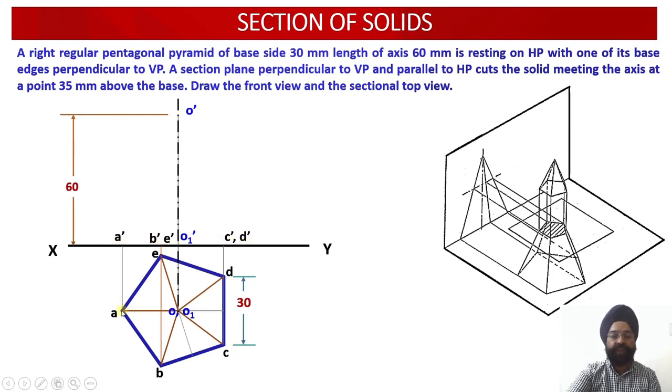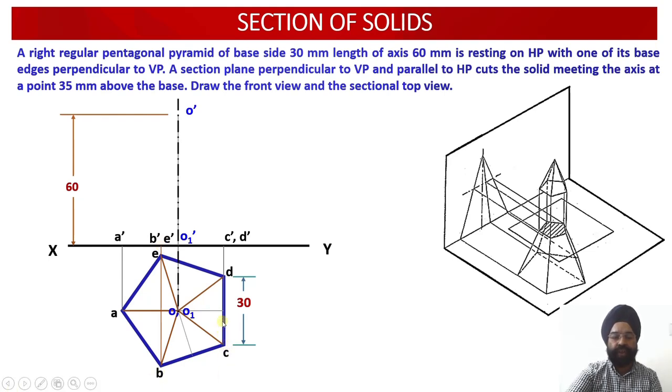You draw the projector through A, you get the projection A dash onto the horizontal plane over here. That is because the base is lying on the HP. So on the XY line in the vertical plane, I am going to get the projection for A dash. I am going to draw the projector through B and E. So B dash and E dash points will be located onto the ground basically, that is in the vertical plane.